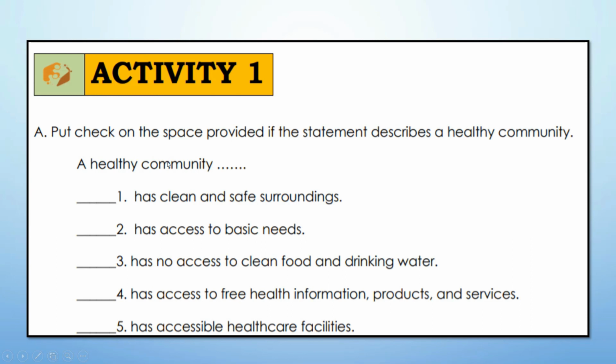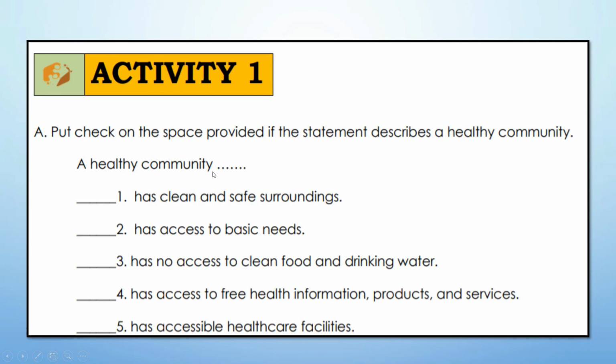Letter A, put a check on the space provided if the statement describes a healthy community. Has clean and safe surroundings? You're going to put a check on the space provided if the following statements describe a healthy community.